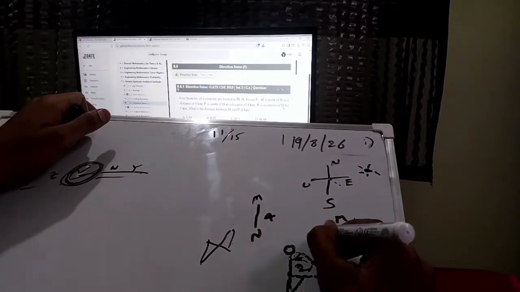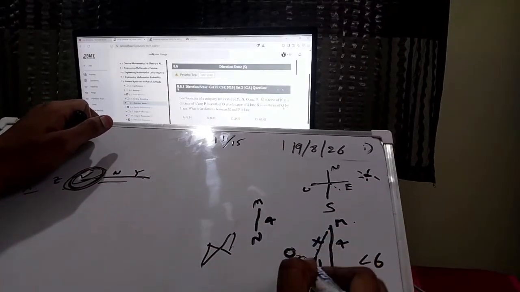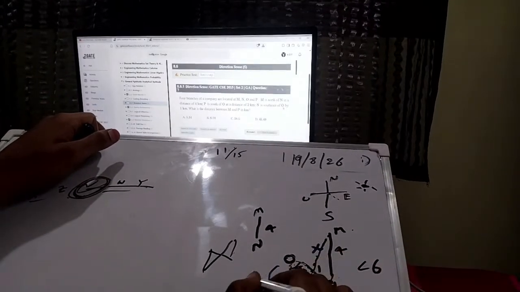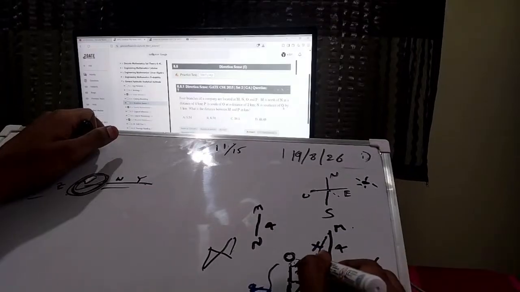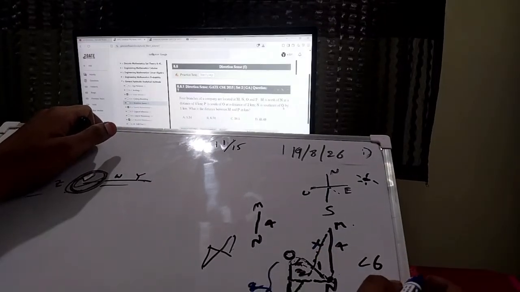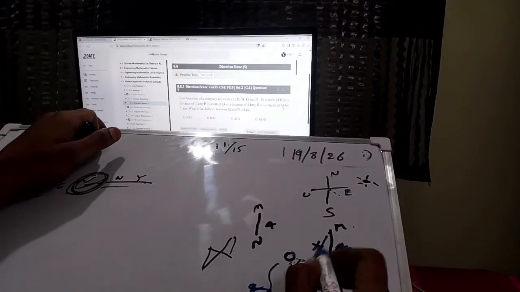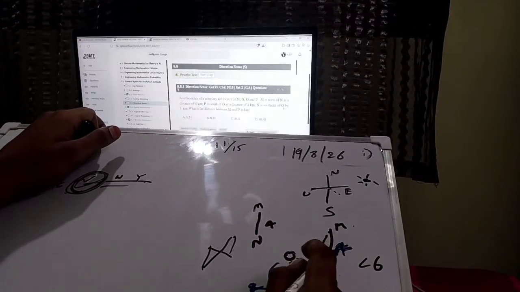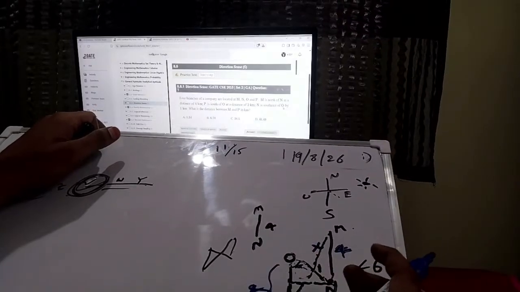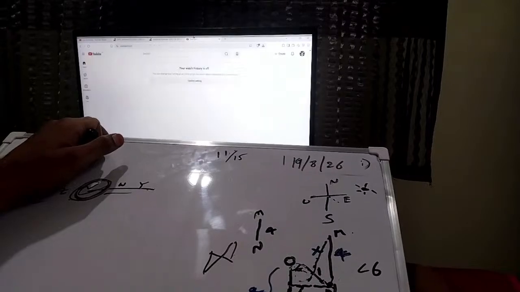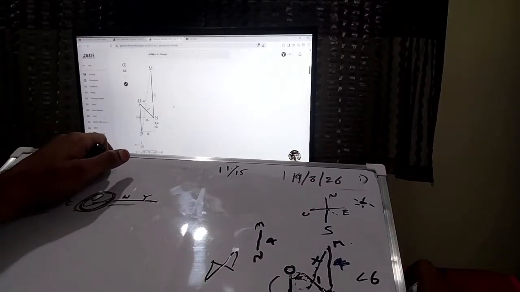Here it is X. This whole area is 2, this one is 1, and this is 4. We know this is 2, this is 1, and this whole area is 2. So how do we find this? I think it was done by Arjun sir.